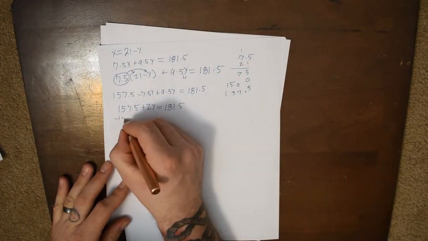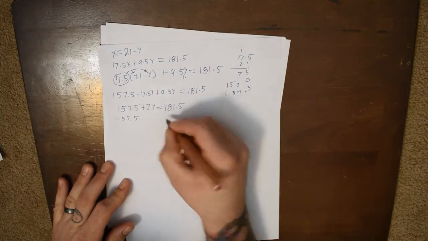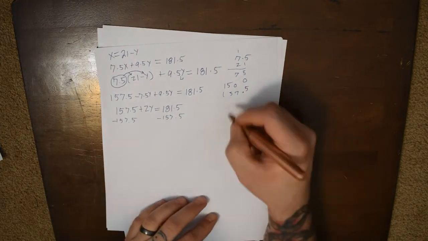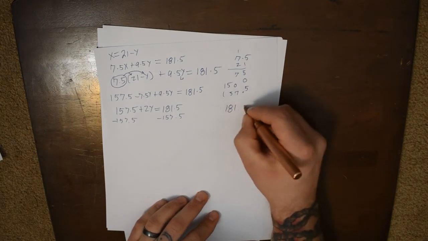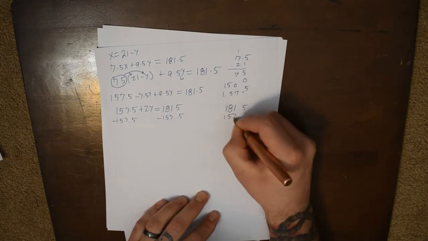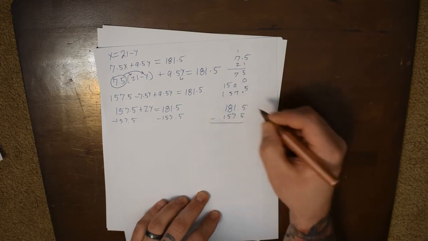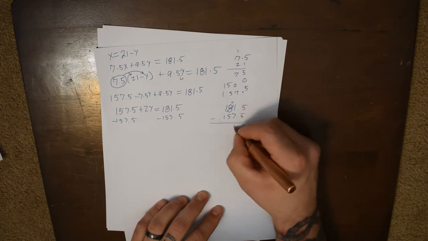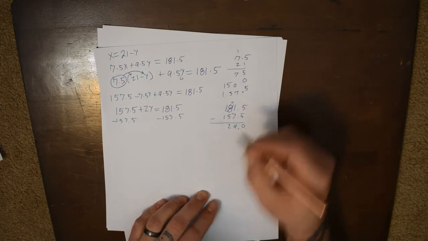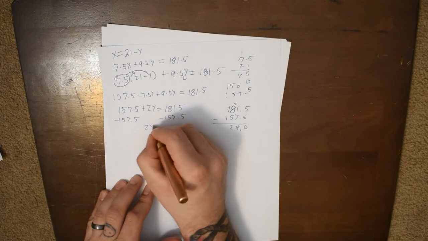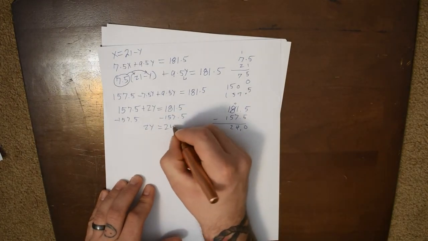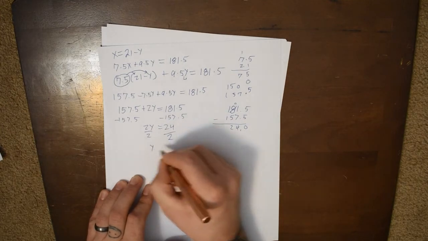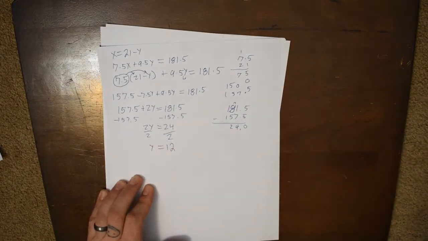We can subtract 157.5 from both sides. 181.5 minus 157.5 gives us 24. So we get 2y is equal to 24. Divide both sides by 2, and we get y is equal to 12.